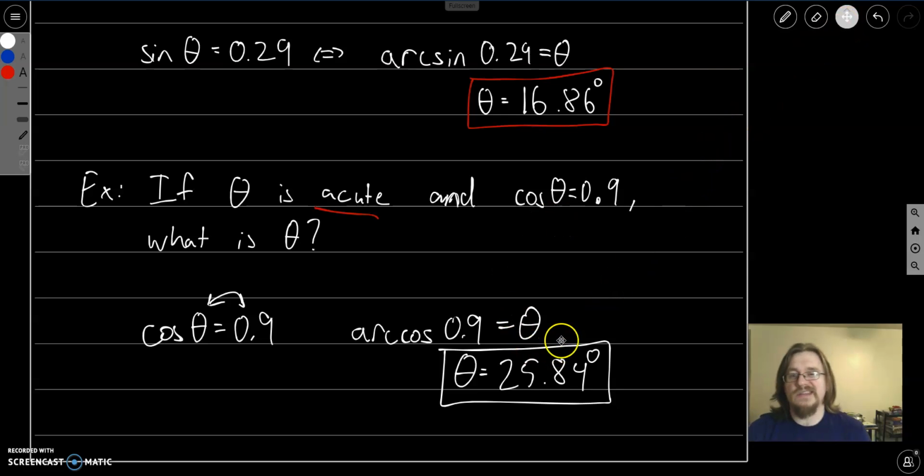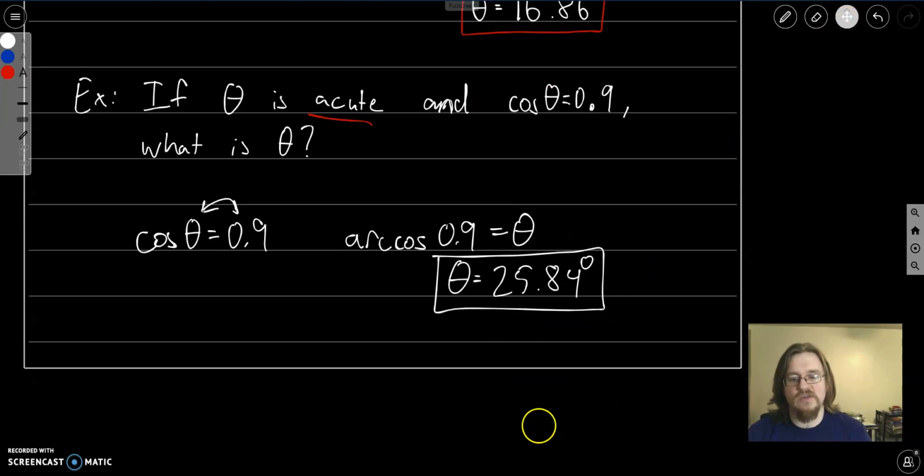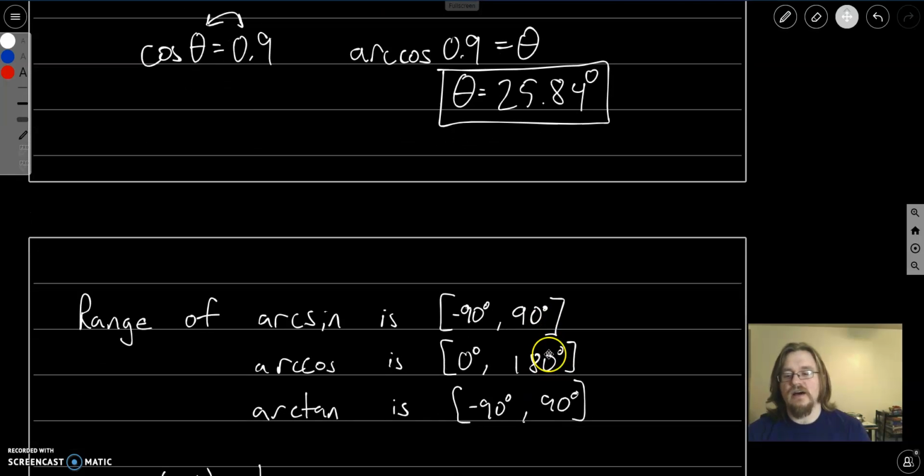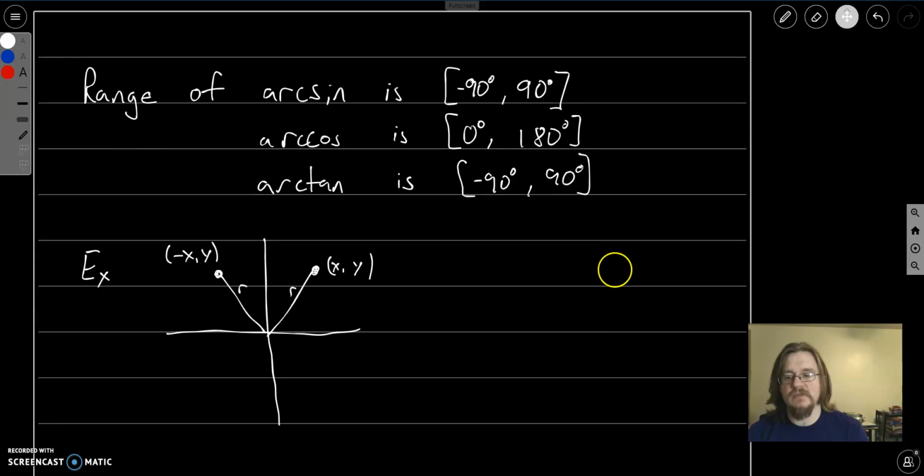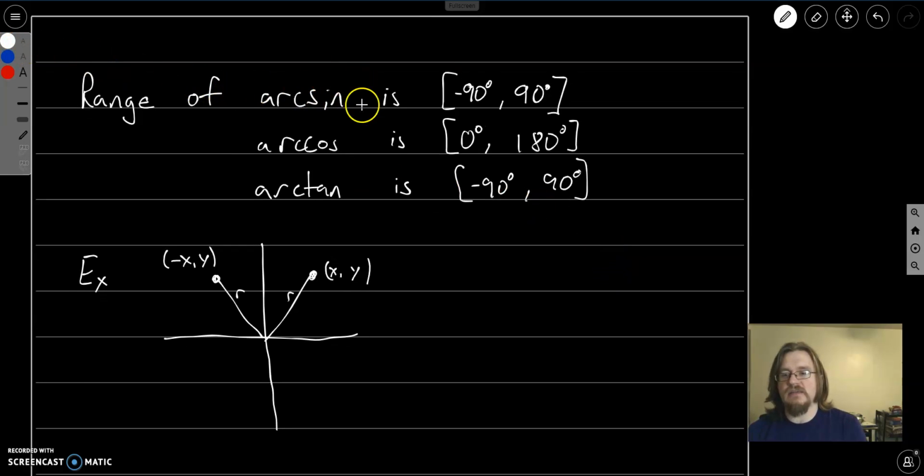So what about angles that aren't just acute angles? When we're looking at angles, there are different angles that can have the same sine value, the same cosine, or even the same tangent value. So here's an example.